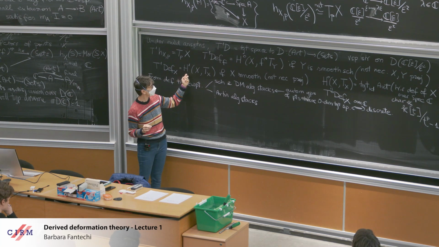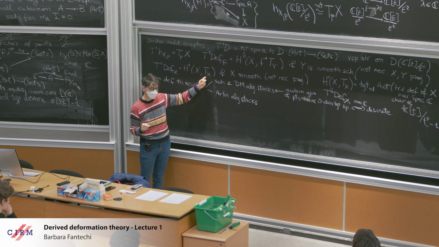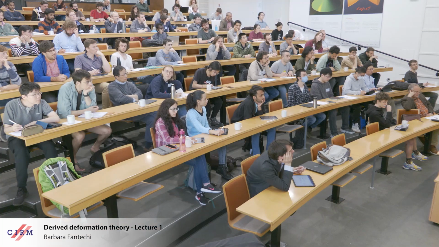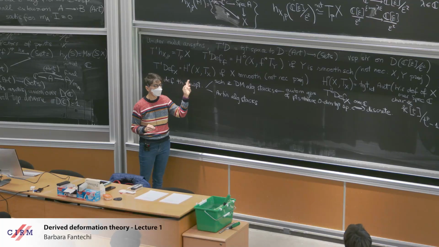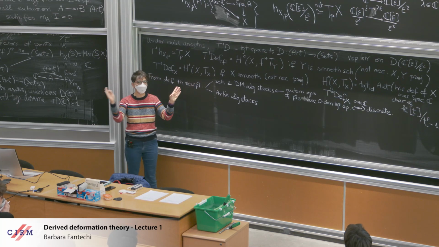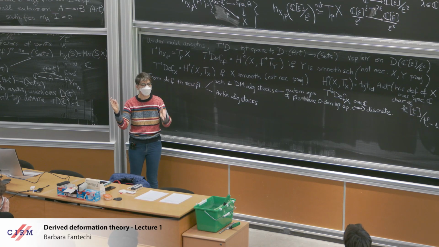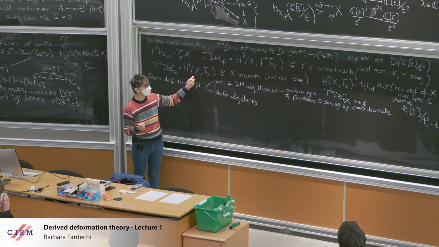You see, for instance, one thing you can check is that for P1, this is 0. If you take curves of genus 0, there's only one, P1. You don't expect to have a family of curves in which one fiber is P1 and the other fibers are something else. So this has to be 0.